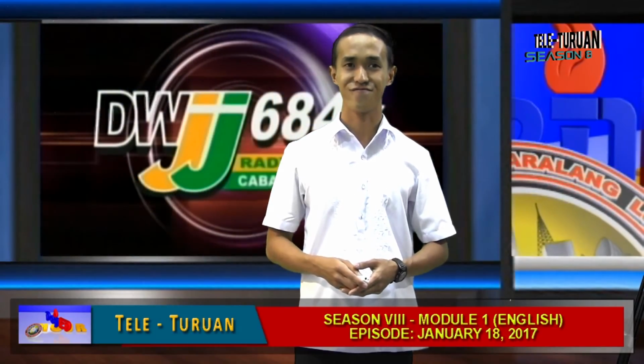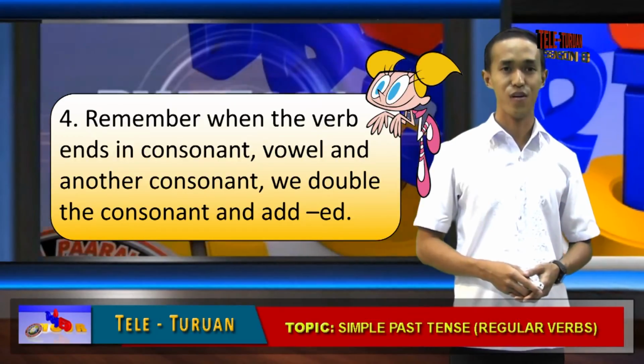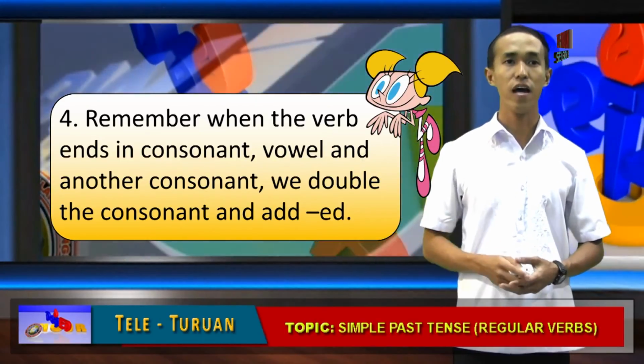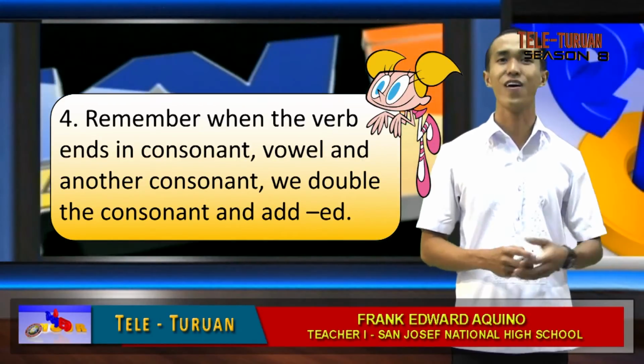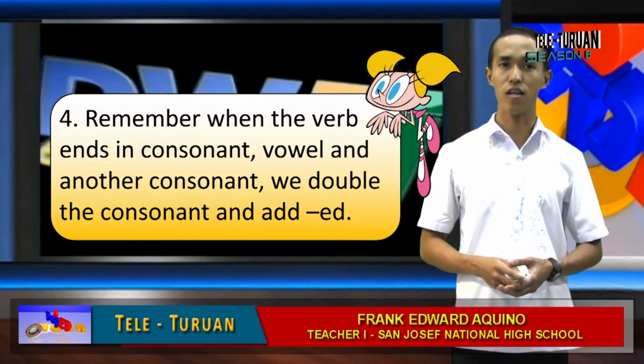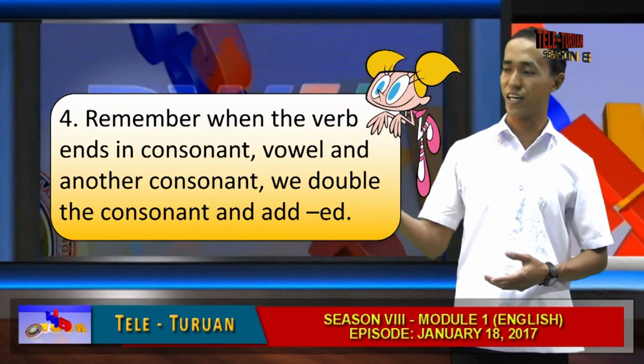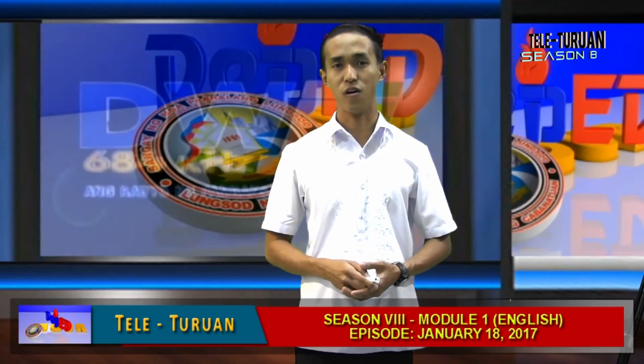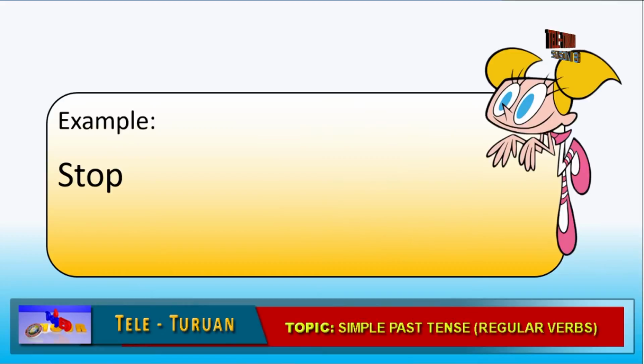Very good. Number 4. Remember when the verb ends in consonant, vowel, and another consonant. All we need to do is to double the consonant and add ed. For us to understand, let us have an example. The word stop.